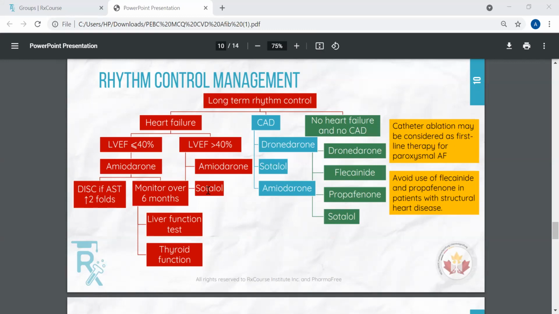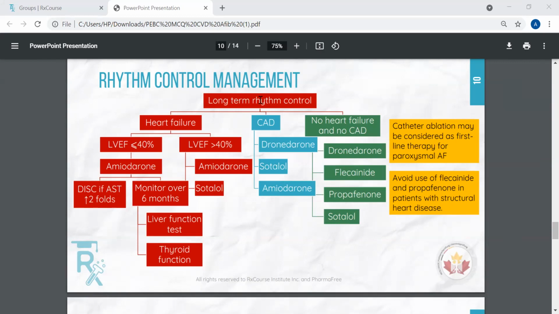But I need to keep in mind 2 points here. For flecainide and propafenone, we never use them alone. You cannot give a patient flecainide and that's it. No, you have to combine it with something that causes AV nodal blocking, something like verapamil or diltiazem. Anyway, we are giving a patient something to make rhythm control, correct?